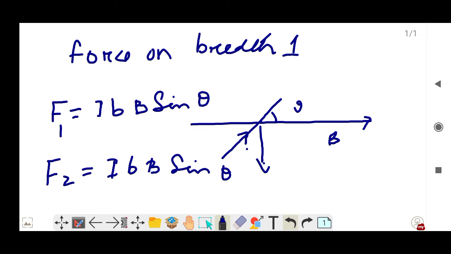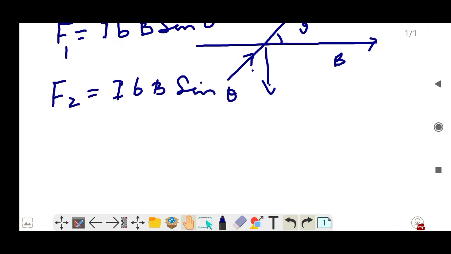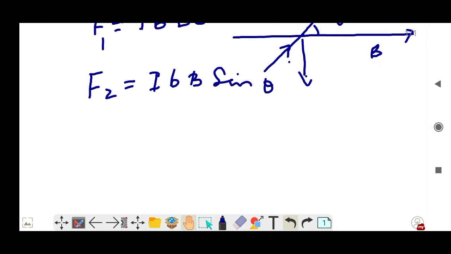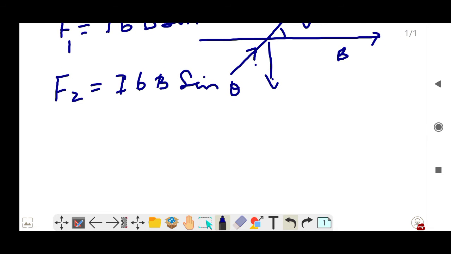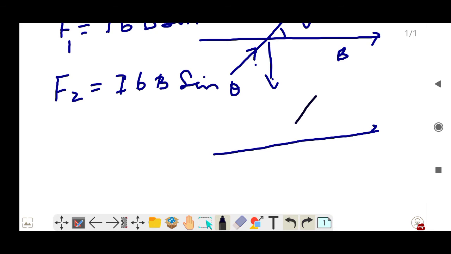If I'm taking one more breadth over here, this is the magnetic field, this is one more breadth, and that breadth is having current in the opposite direction. One is having one direction, the other is having current in the opposite direction. So that will also experience a force in this magnetic field, but directed upwards.